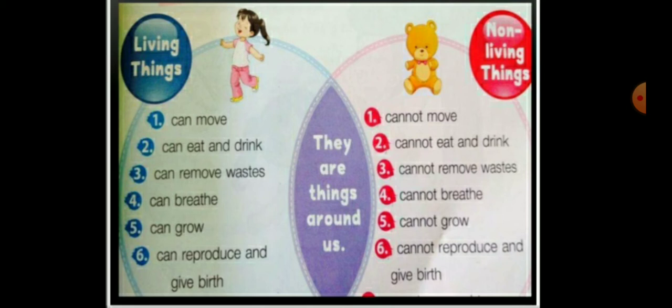So children, these all are the basic characteristics of living things and non-living things. This is the general introduction of all these characteristic features. In the next class, we will discuss all these characteristic features briefly.